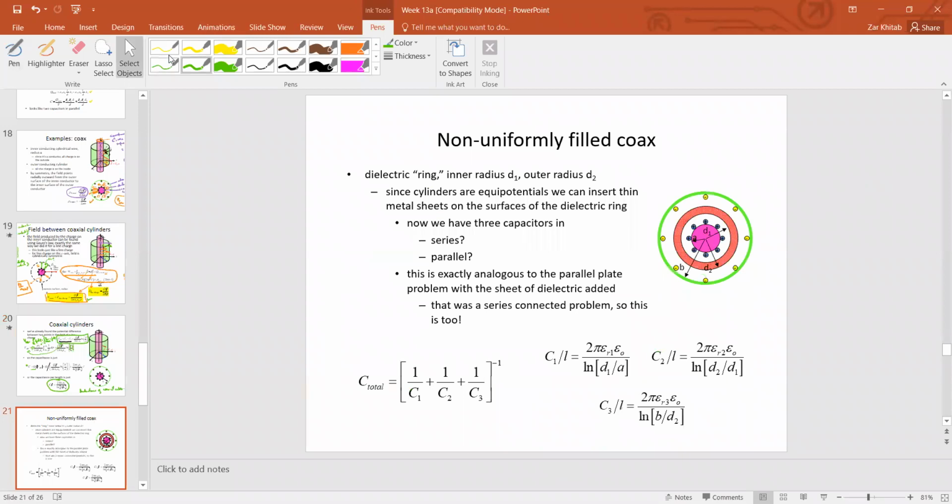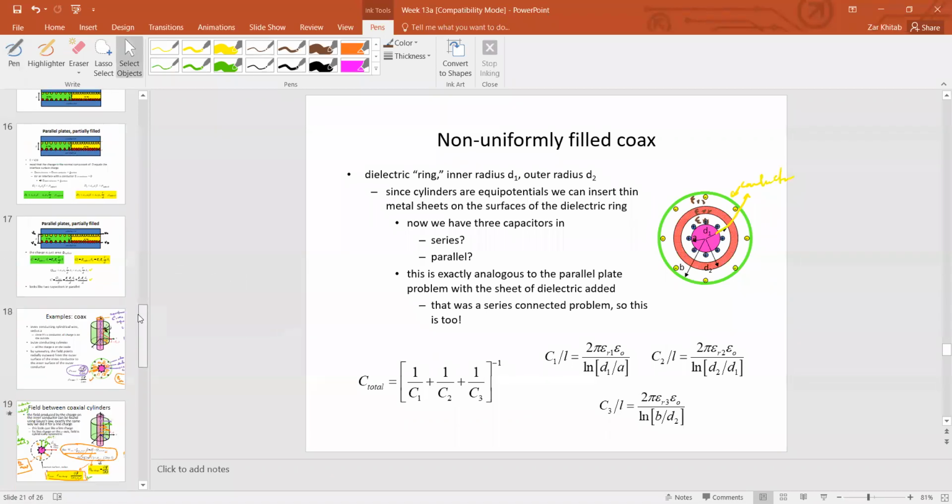What if we fill the space between the conductors, the inner conductor and the outer conductor, with epsilon R1, then epsilon R2, then epsilon R3, three different dielectrics? It's the same as having three capacitors between the two conductors, a very similar case to what we discussed here.